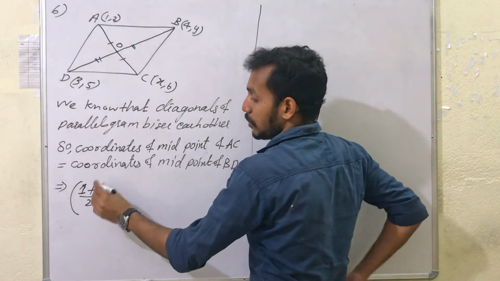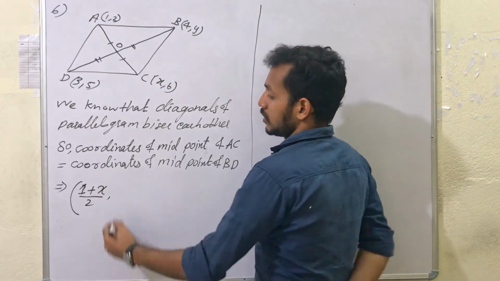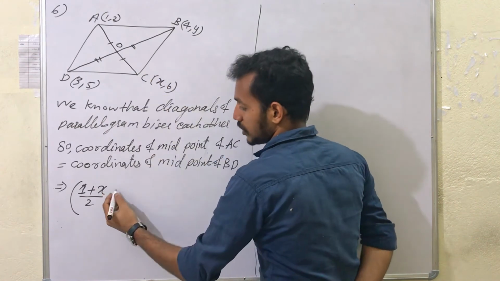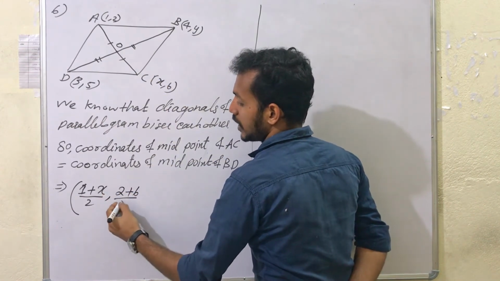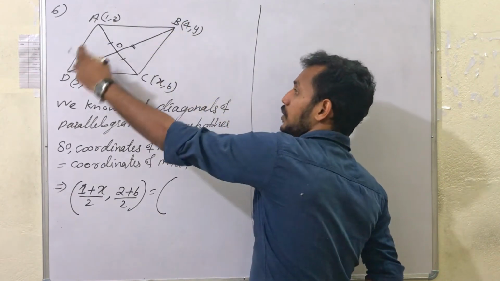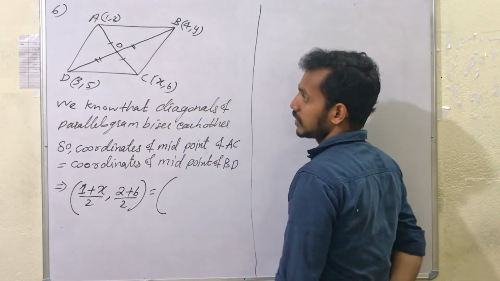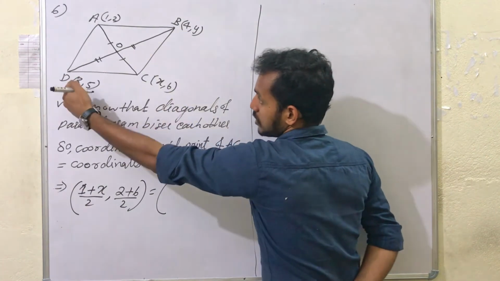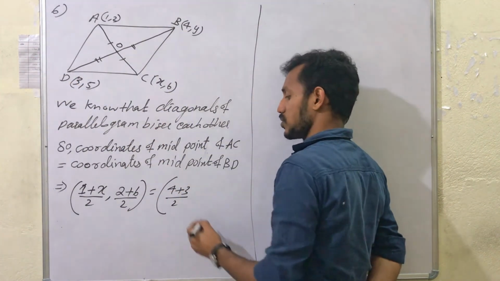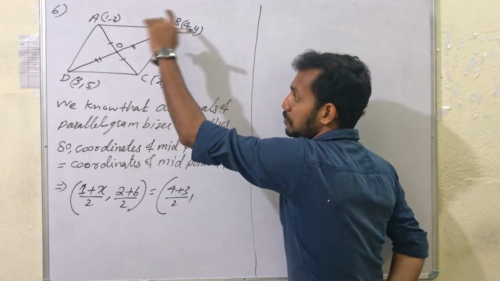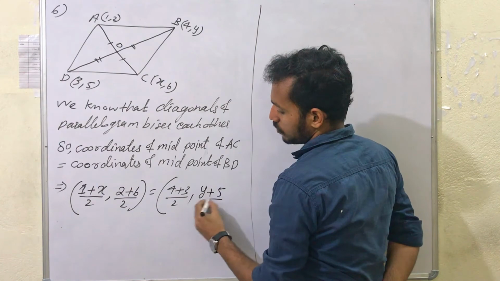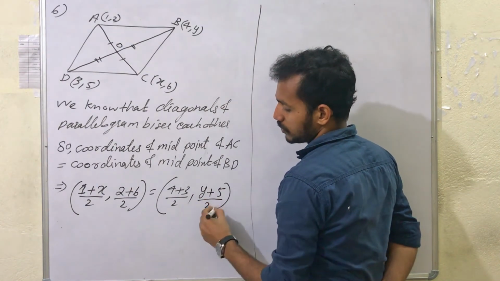That is the midpoint formula we have learned. Comma, what is the y coordinate? y1 plus y2 divided by 2, that is 2 plus 6 divided by 2, which is equal to, according to BD, what will be the midpoint? x1 plus x2, that is 4 plus 3, divided by 2, and y plus 5 divided by 2, that is y1 plus y2 divided by 2.